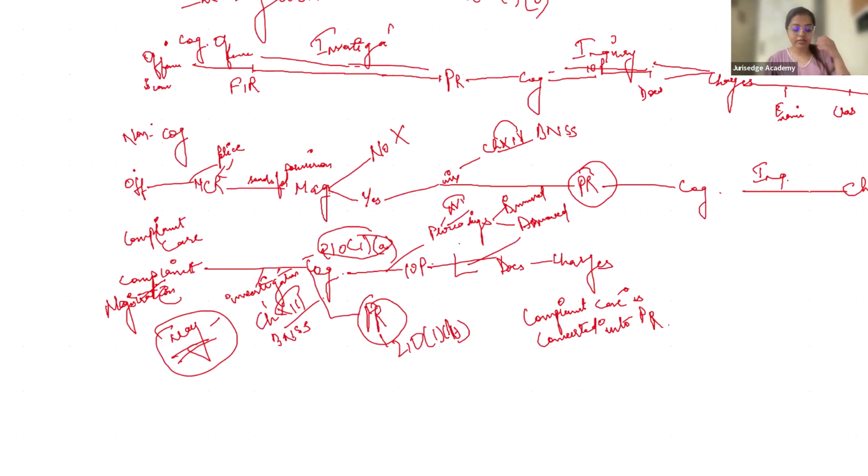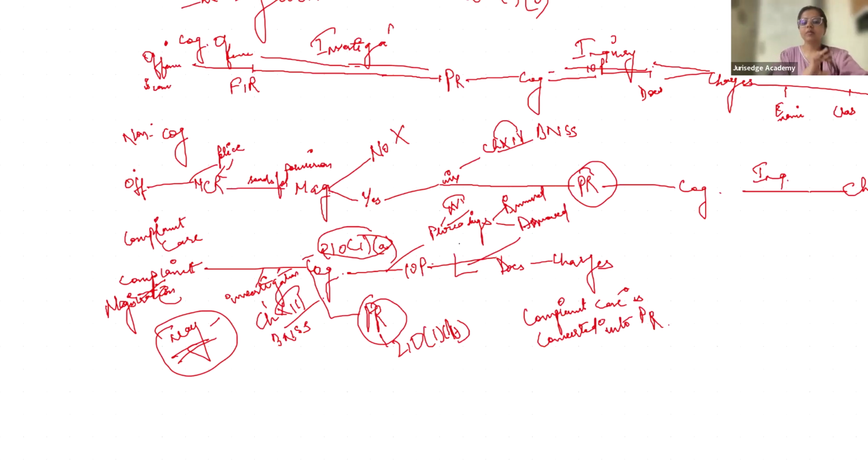When we come to trials, the procedure for trials, because we are now in the process of investigation, we are going to elaborate the investigation part. Just understand this line is going to be elaborated for now. Cognizance is already elaborated. Then we'll be elaborating the inquiry proceedings and then we'll be coming to the trial proceedings.